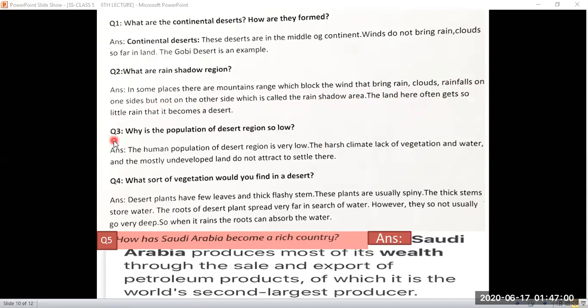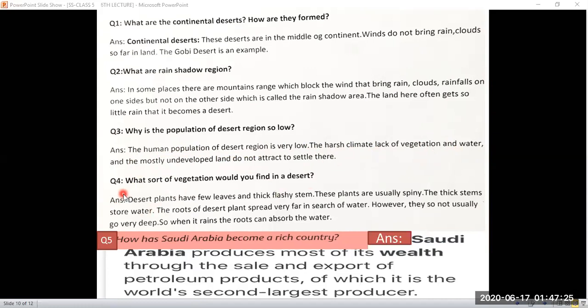Question number 3. Why is the population of a desert region so low? Here is the answer. The human population of a desert region is very low. The harsh climate, lack of vegetation and water, and the mostly undeveloped land do not attract people to settle there.